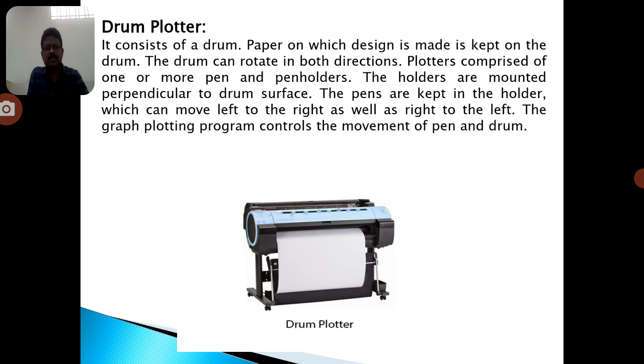The design is kept on the drum. The drum can rotate in both directions, the forward way and the reverse way, so it is very flexible for taking the print on the given surface.